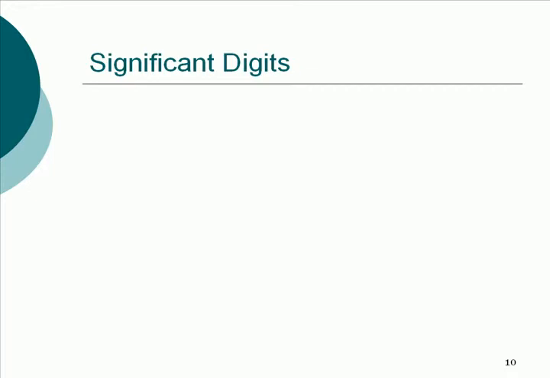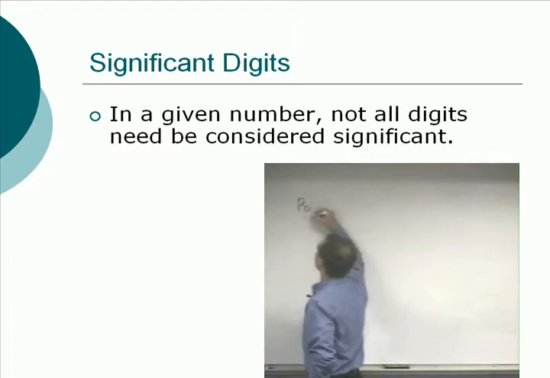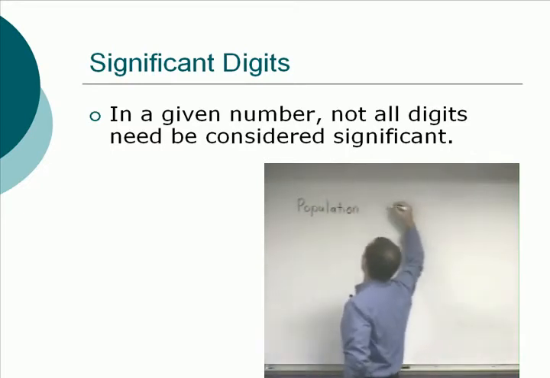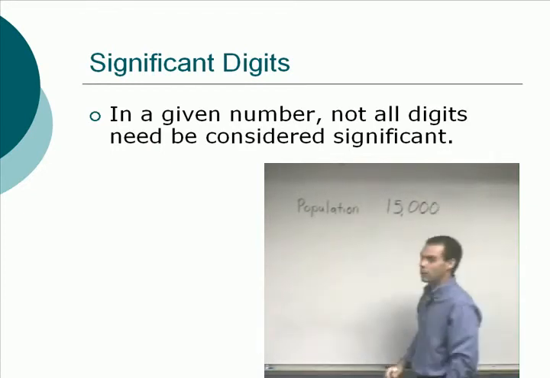To start out our discussion on significant digits, we'll consider an example. As it turns out, not all digits in a numeric value need to be considered significant. For example, let's consider a town with a population of 15,000 people.